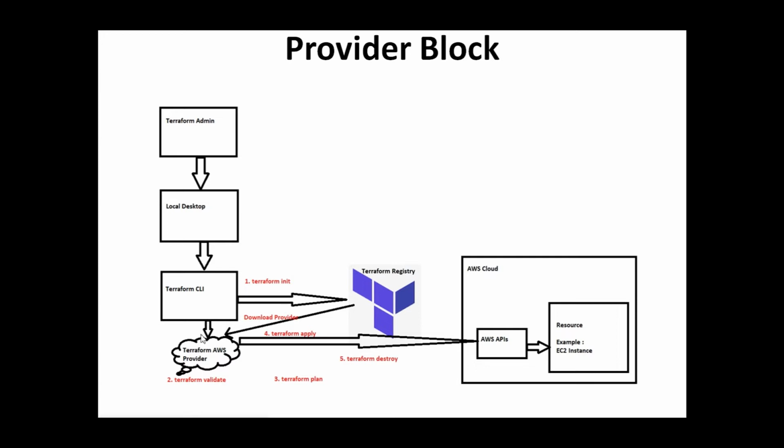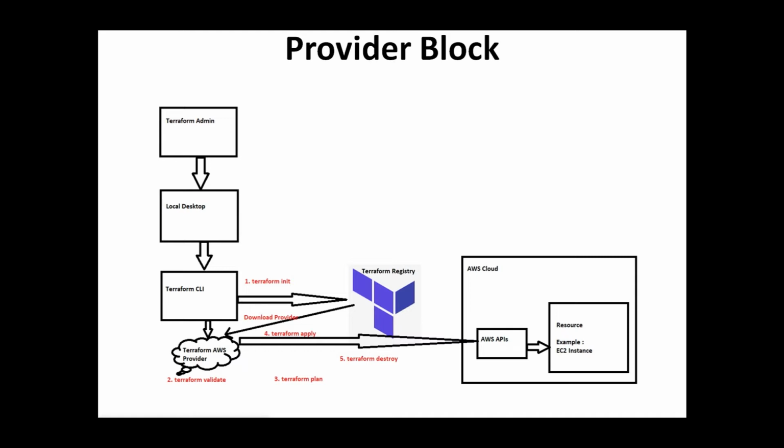Once it is downloaded, whenever you run the Terraform validate and then you write your own resource code, you define your resources, everything, and run the Terraform plan and then Terraform apply. These things will communicate with the AWS APIs in the AWS cloud, and then it is going to provision that respective resource like EC2 instance in our example, or whatever you have defined in your Terraform configuration file.